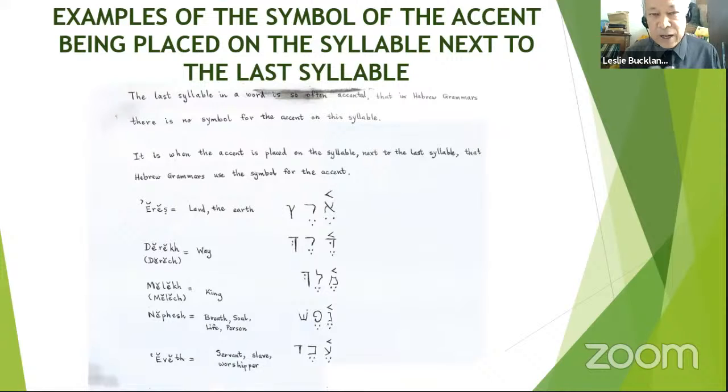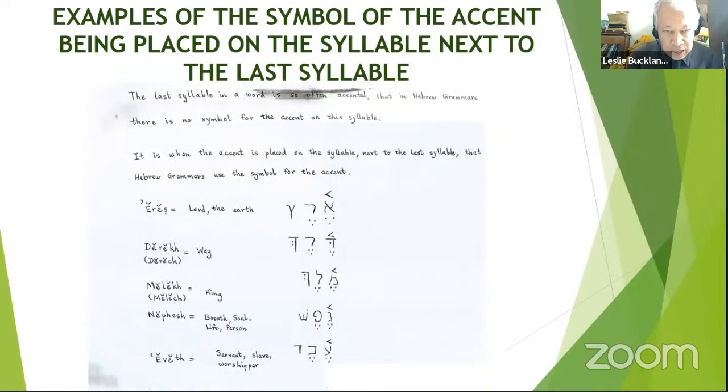The accent cannot go anywhere else. It is either on the last syllable or on the syllable immediately before the last syllable. Any other syllable in the word cannot get an accent. So there are just 2 places that can get an accent: the last syllable or the syllable before the last syllable.